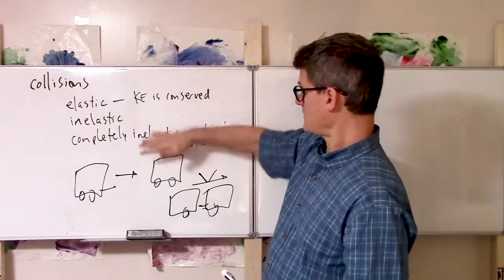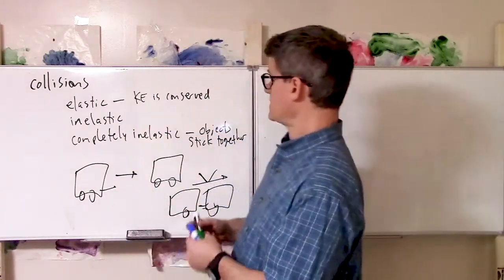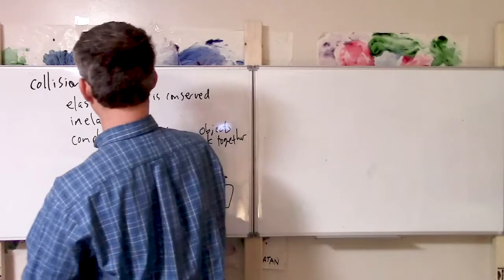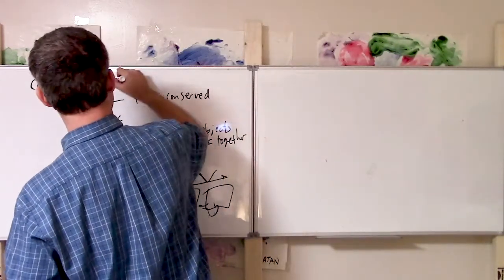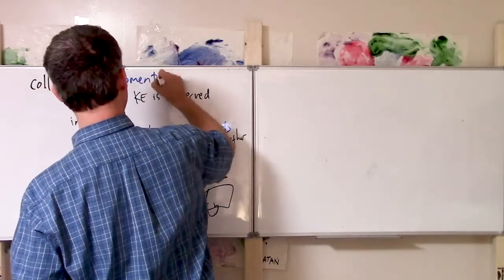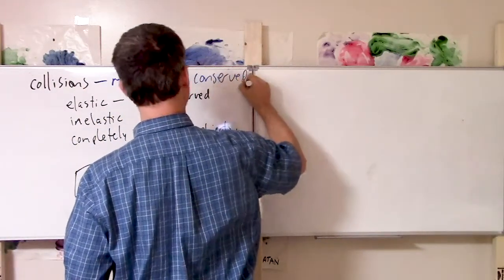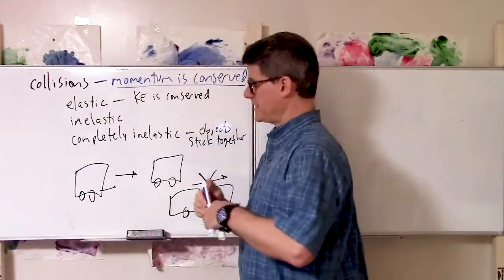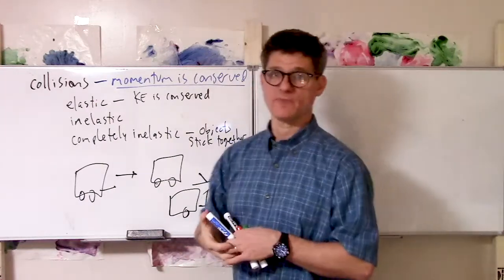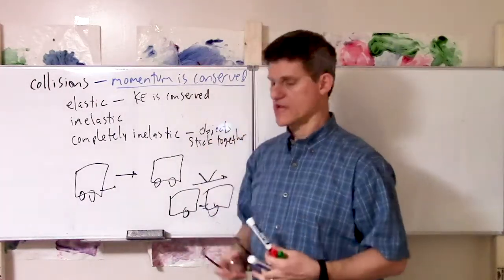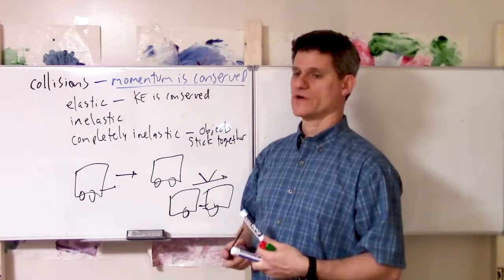Now, I didn't say the main point, which is that during collisions, momentum is conserved. So that's really the main point. Like I said, we defined momentum to be m times v. What does that really mean?